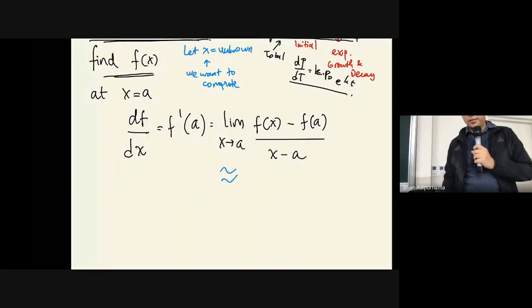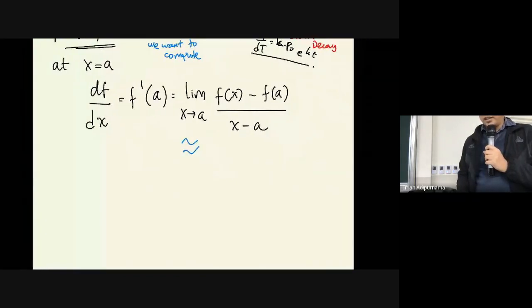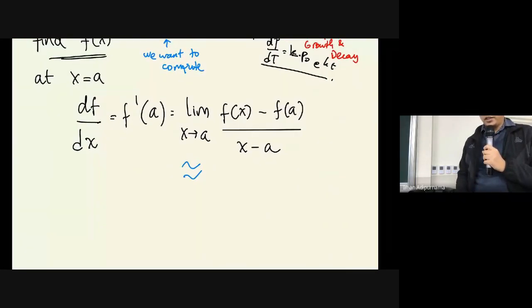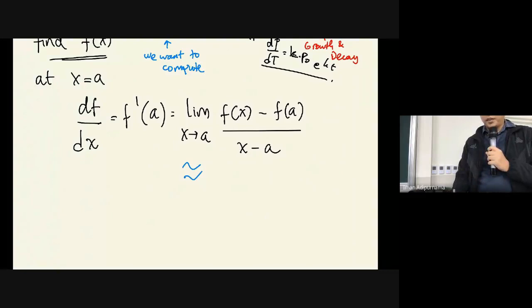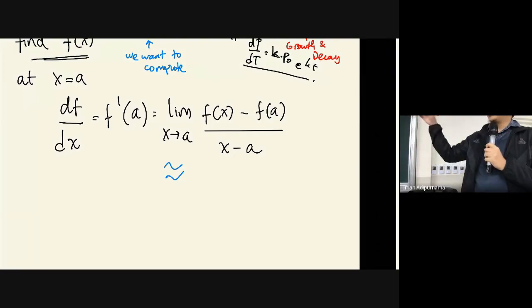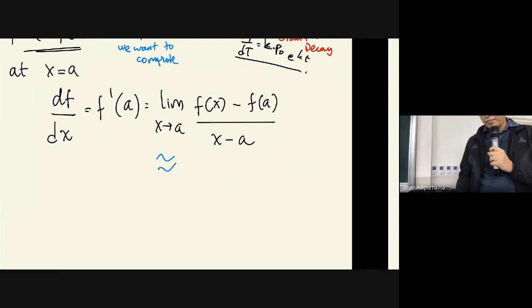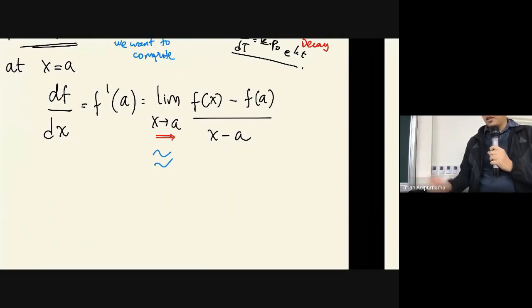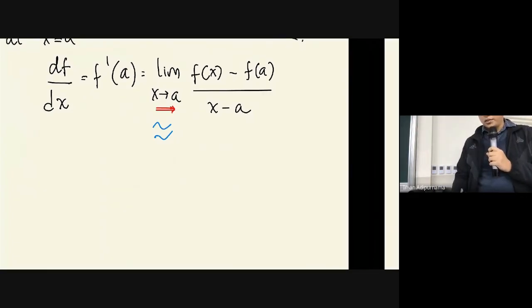Our step is by looking at the limit definition of the first derivative, where at the number a you have a tangent line, and the definition of that tangent line is by limit. The first derivative is the limit as x approaches a of this formula.